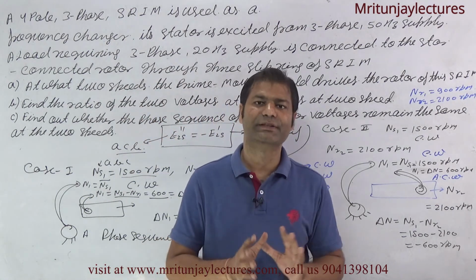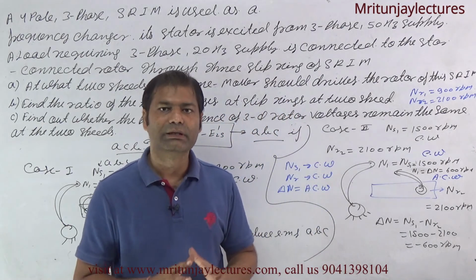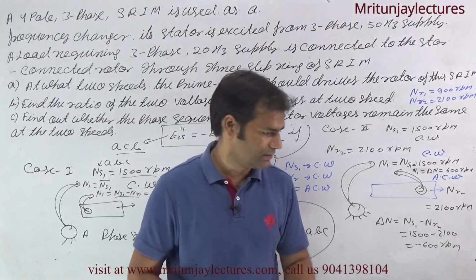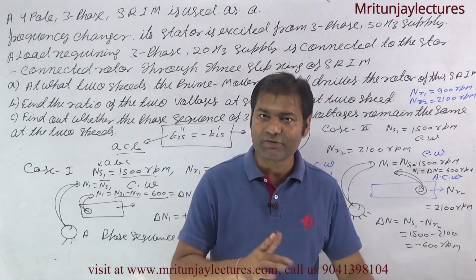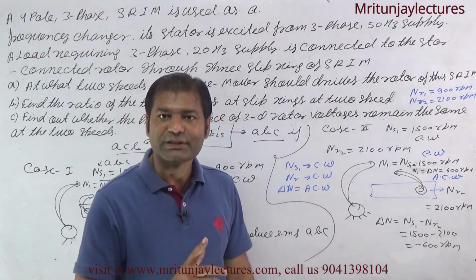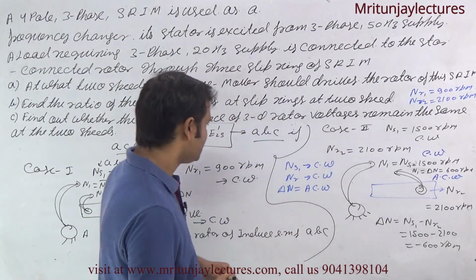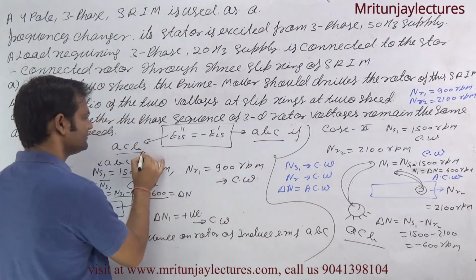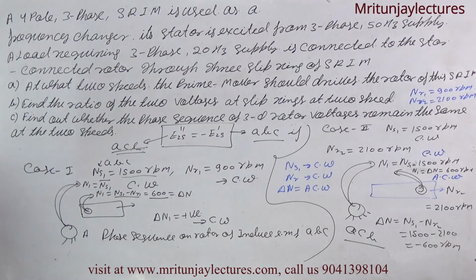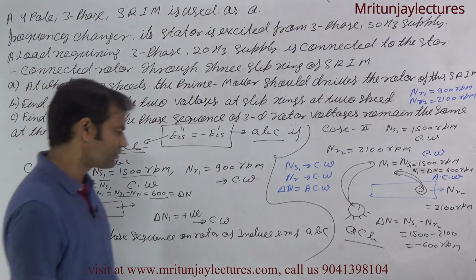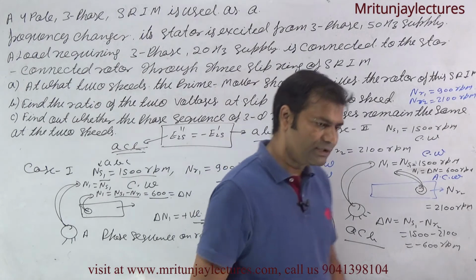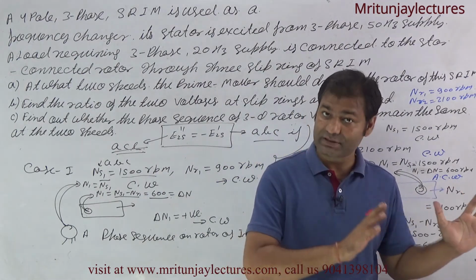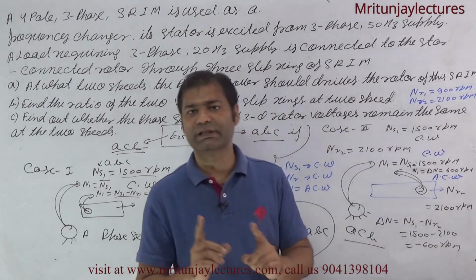So the phase sequence on the rotor: if the stator is ABC, then the rotor is ACB. The relative speeds are reverse, which means the phase sequence is also reverse. That's why the phase sequence is ACB. Clear what I am saying?